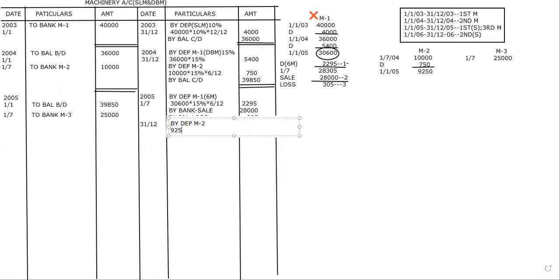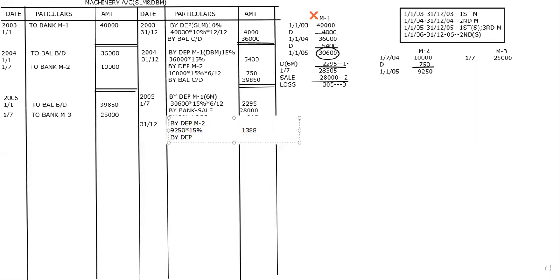So 9,250 into 15%, how much are you going to get? 1,387.5. I can convert into 388 because I don't want the answer to be in a decimal. So I'm converting into the round figure. 388. Okay, done. Now one we have completed.